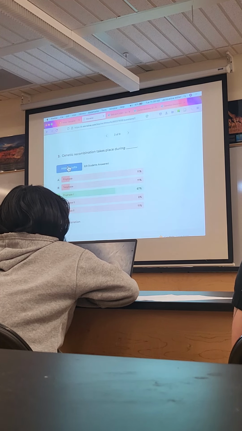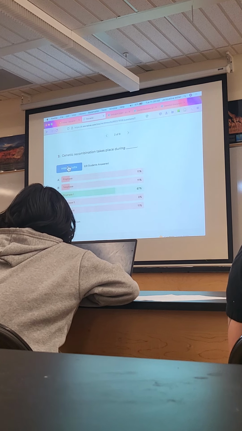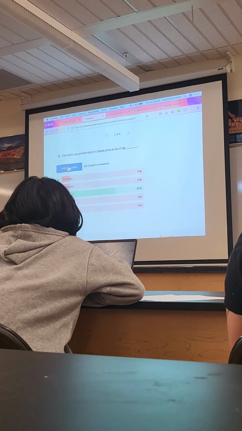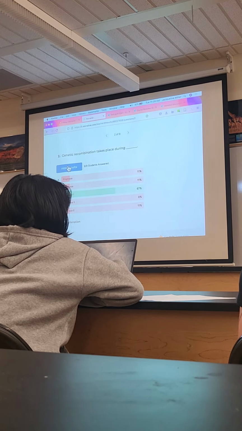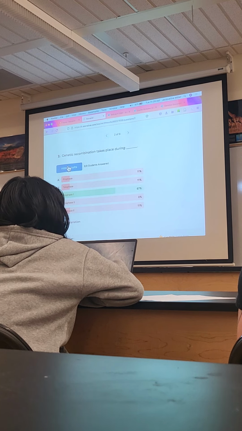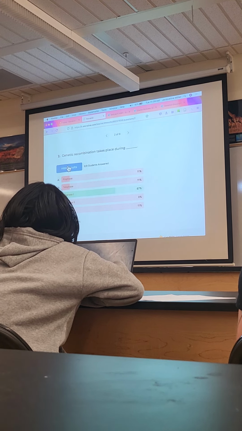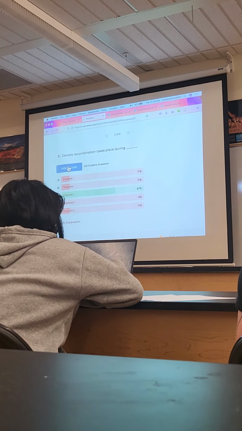Specifically within meiosis 1, it's in prophase that we have synapsis, where the homologous chromosomes come together, and then there is that physical exchange, and that only happens in prophase 1. By prophase 2, why can genetic recombination not take place? What's already happened at that point? The homologous chromosomes are separated. Yeah, exactly. Those two are no longer even in the same cell.